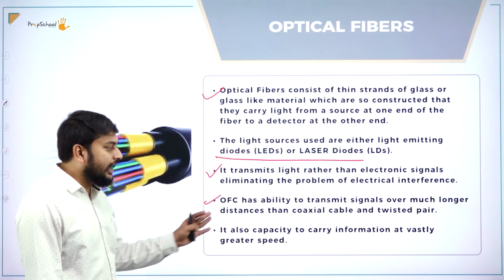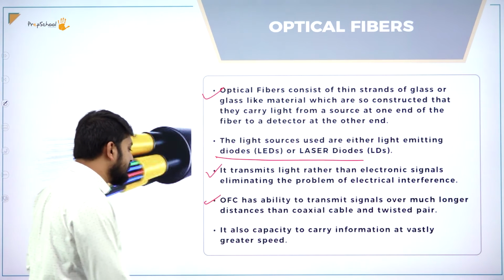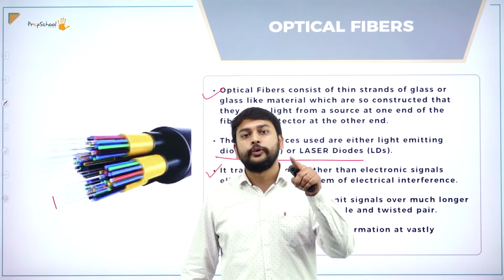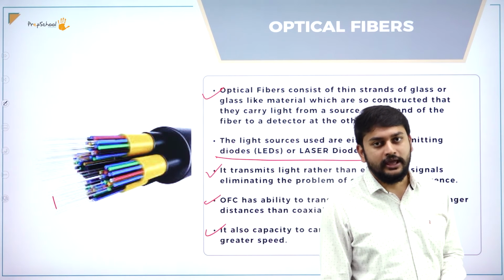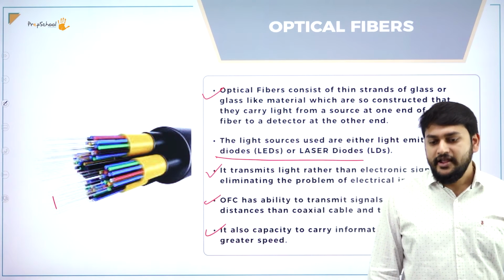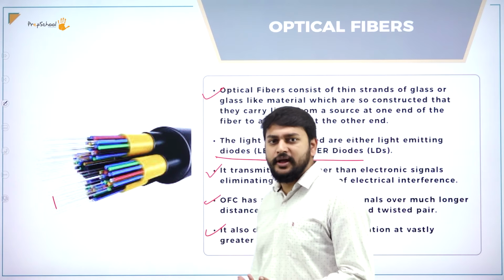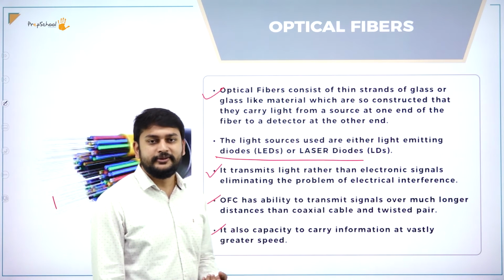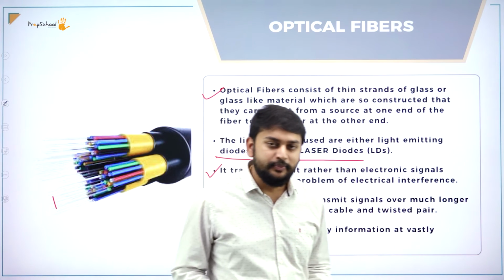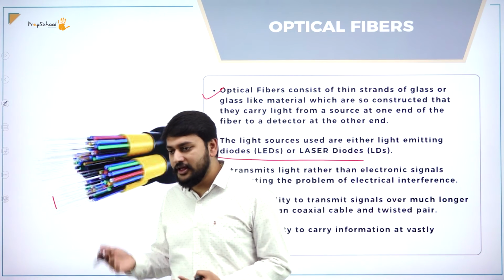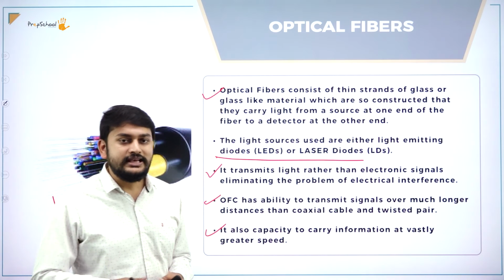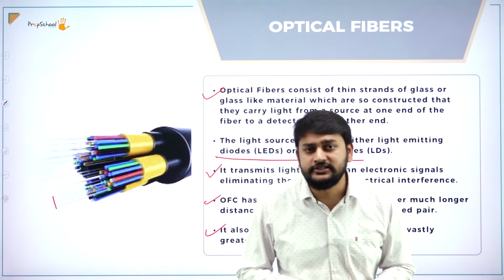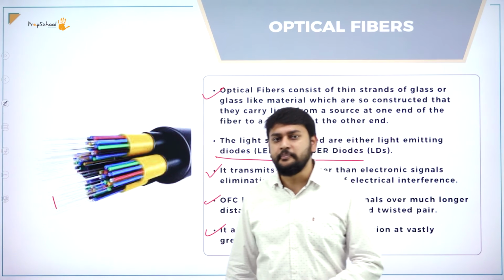The capacity to carry information at vastly greater speed is one of the advantages we should never forget with respect to fiber optic cables. Fiber optic cable and optical fiber cable are the same. Some people call it optical fiber and some say fiber optics. Both carry the same meaning.